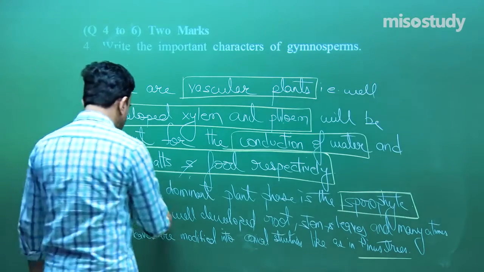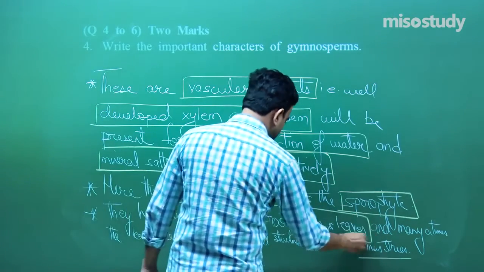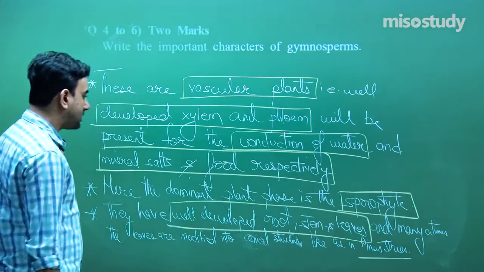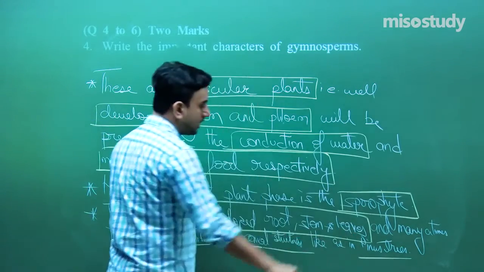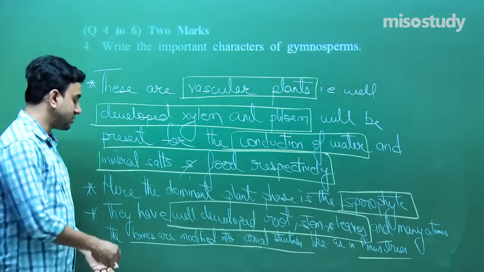They have well developed root, stem and leaves, and many a time the leaves are modified into conical structures, as in the pinus trees.